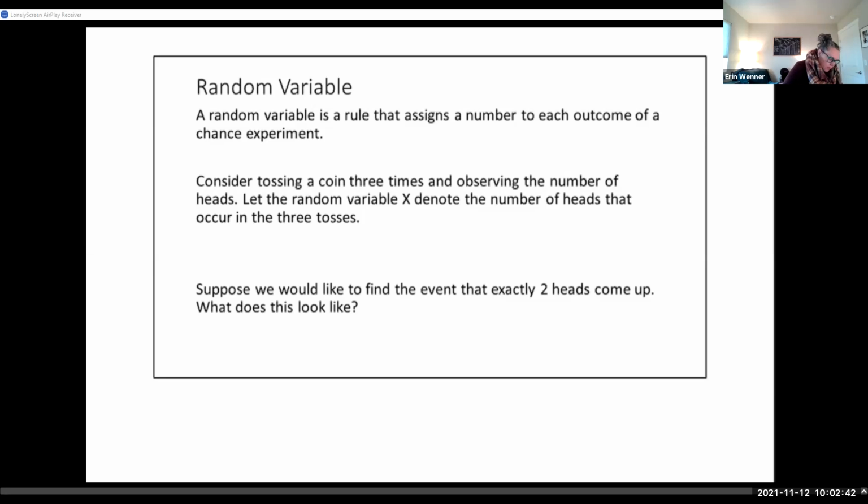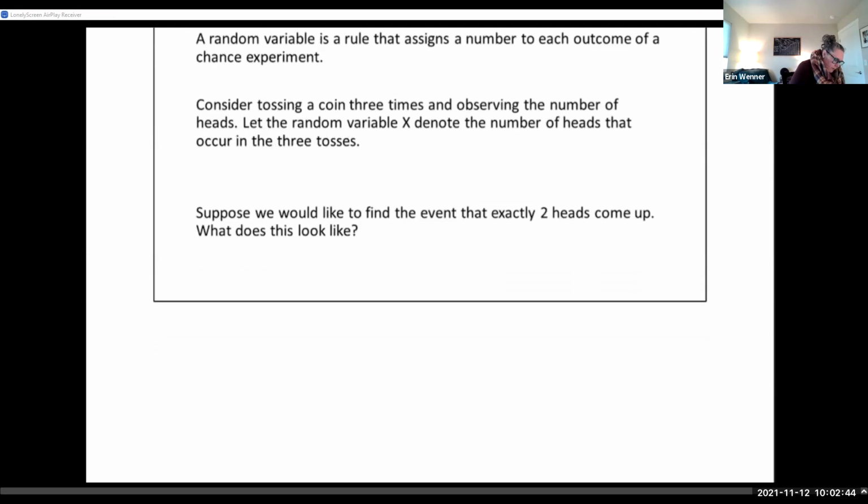So let's think about our tosses, and give this a number 1 so we can organize our work. If we think about the 3 tosses, what can we have? Well, we can have 3 heads. We can have 2 heads and a tail. We can have a heads, a tail, and a heads. We can have heads and then 2 tails.